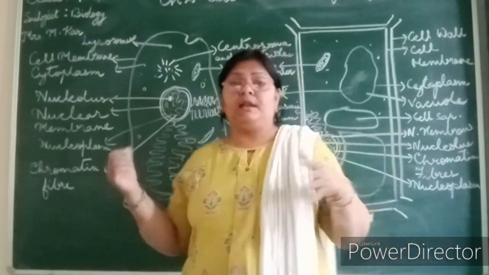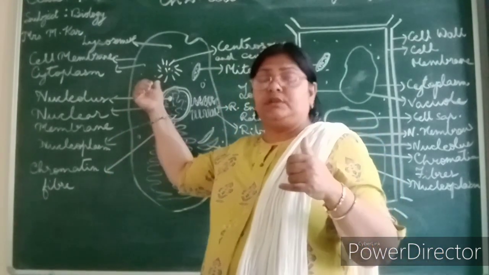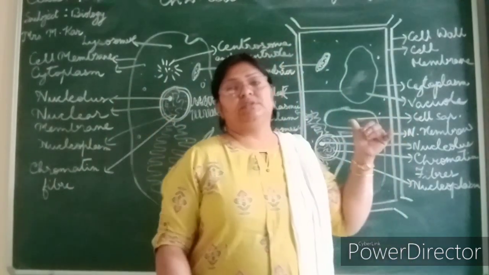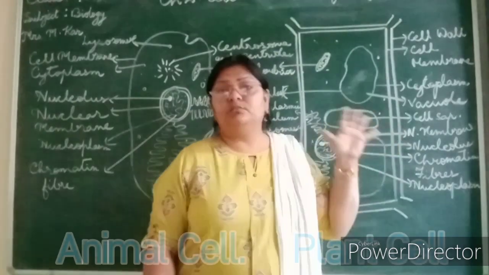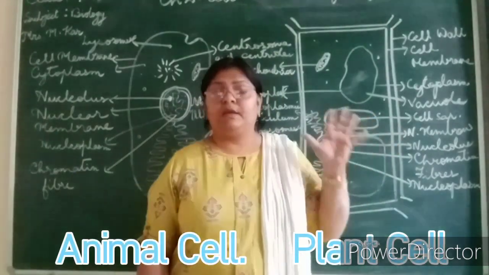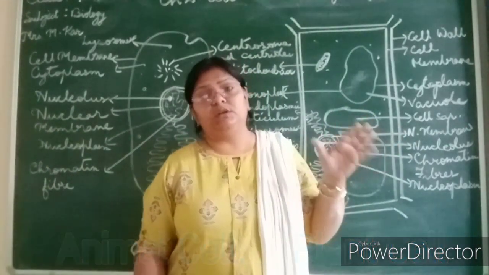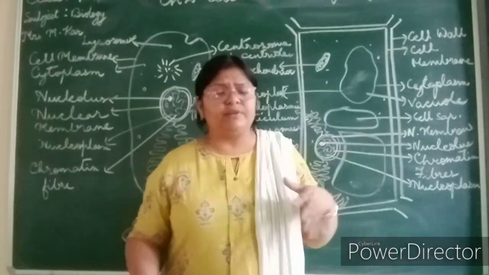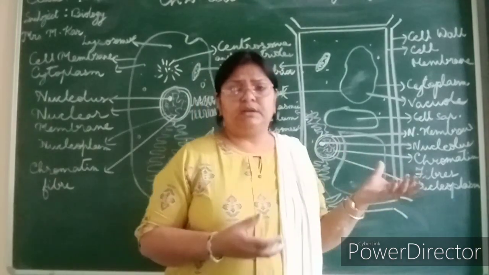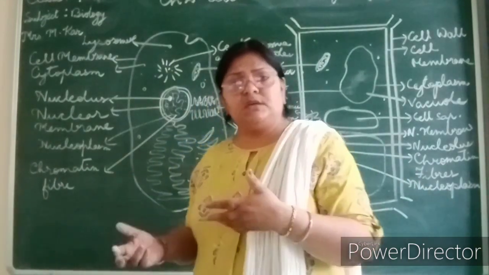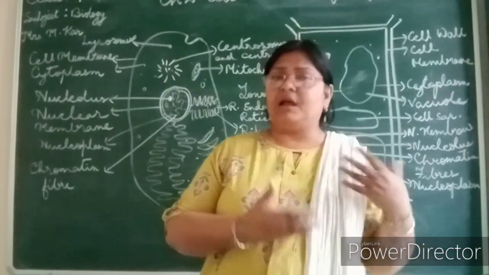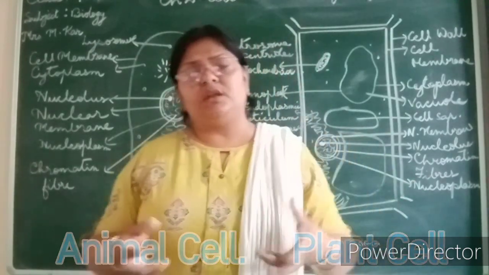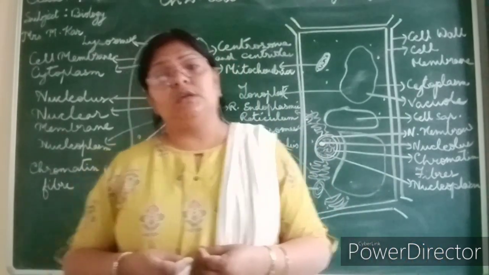The third one, the centrosome and centriole, is present in animal cell and absent in plant cell. These are the most prominent differences. Rest, the cytoplasm is a little denser in plant cell and a little less dense in animal cell. Plant cells are also a little bigger in size than animal cells. These are quantitative differences.